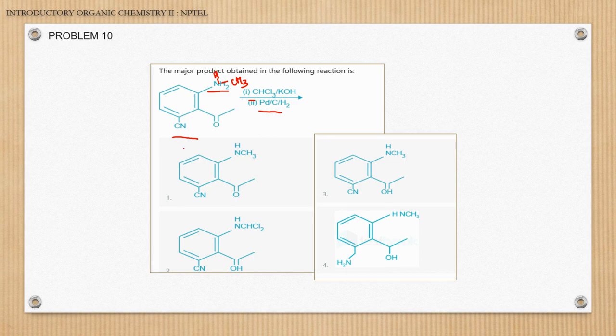And one other thing which is happening in this reaction is this cyanide. Now in the presence of palladium charcoal and hydrogenation, this cyanide is also getting reduced to give you the primary amine. So in the case of a hydrogenation reaction, the cyano group is reduced to primary amines.